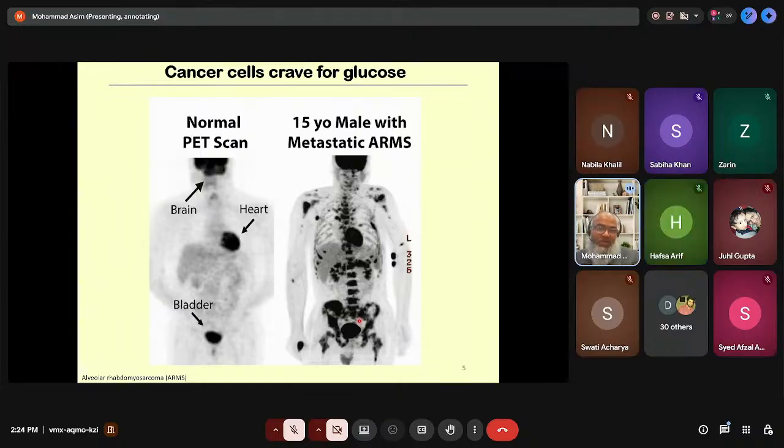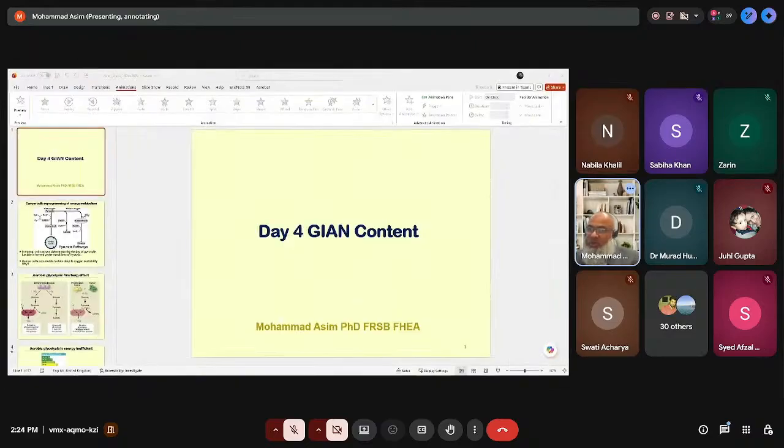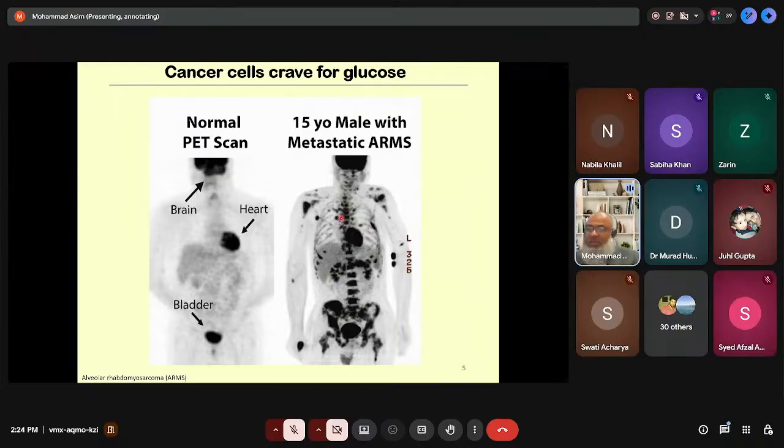So by exploiting the ability of cancer cells to take up a lot of glucose, you can actually help in the staging of cancer and localizing cancer as well, where is it located. And this information can then be used by radiotherapists to actually destroy, with laser precision, where these cancer cells are and whether they can get rid of them.